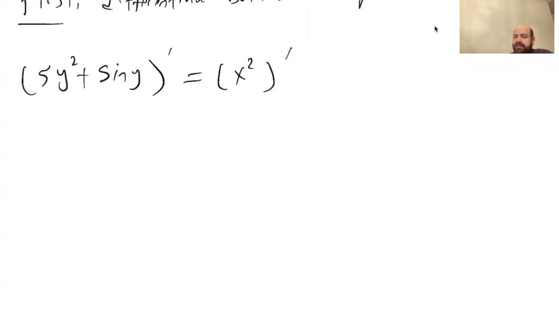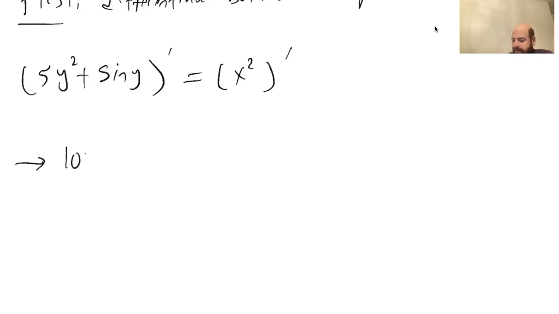Now, we said that we have to remember the derivative of terms containing y must be computed using the chain rule. So what is the derivative of 5y squared? If it was 5x squared, the derivative would be 10x, right? So the derivative of 5y squared would be the usual derivative, 10y, but then times y prime, because it's the derivative of y and it must be multiplied with y prime.